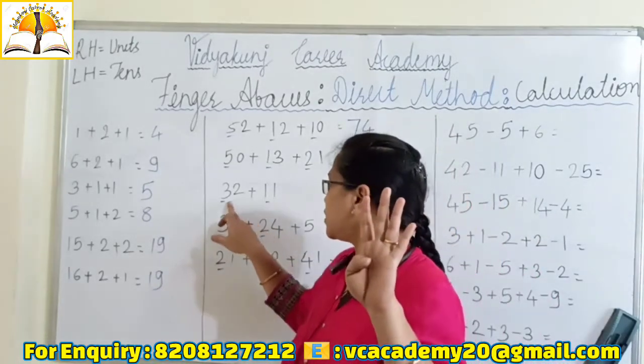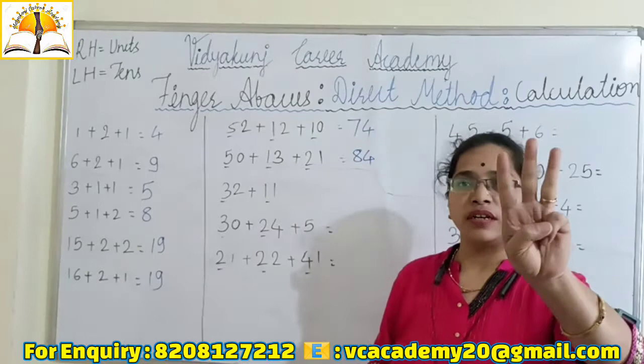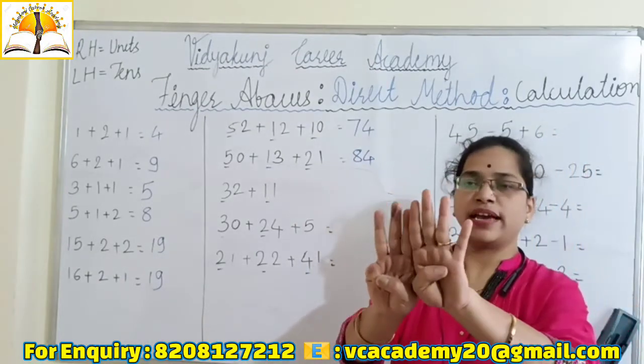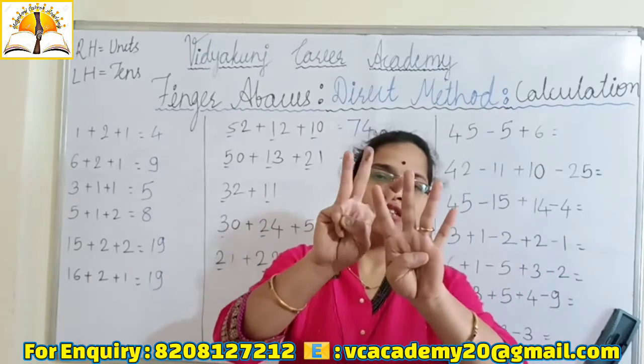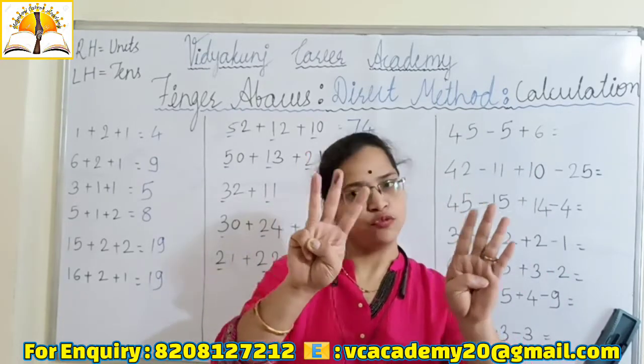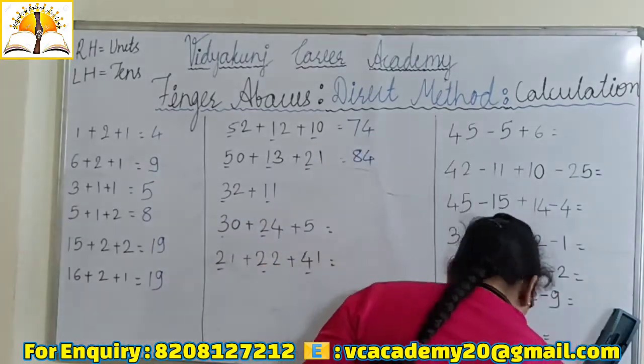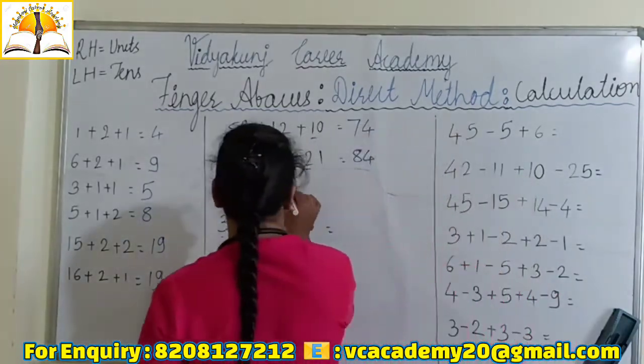Yes. Then what is here? 32 plus 11. What is the answer? See, count here: 10, 20, 30, 40, 40 plus 3, 43. Our answer is 43.